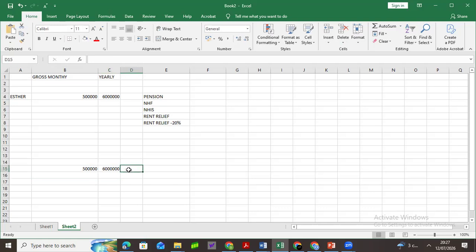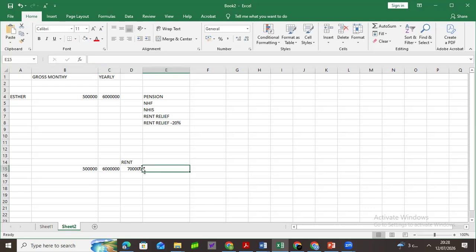Now, rent relief. You have told me that, let's say, your rent a year is 700,000 naira. That's what you pay yearly for rent. So I'm not going to tax the whole 6 million naira.